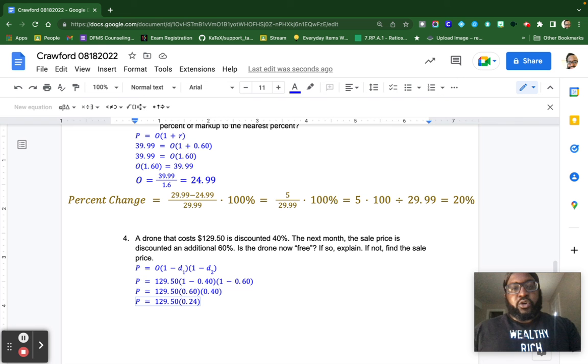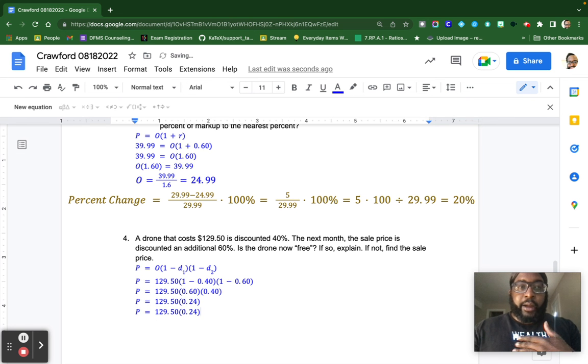And then I'm going to multiply that by 129.50 and get this answer that I got from the calculator. Because I'm not that good at math. I'm good, but not that good. And this is my final answer for number four.